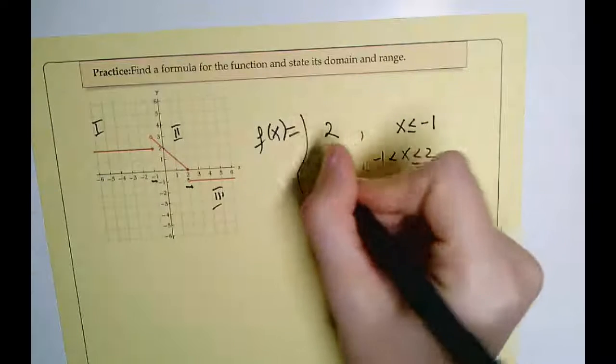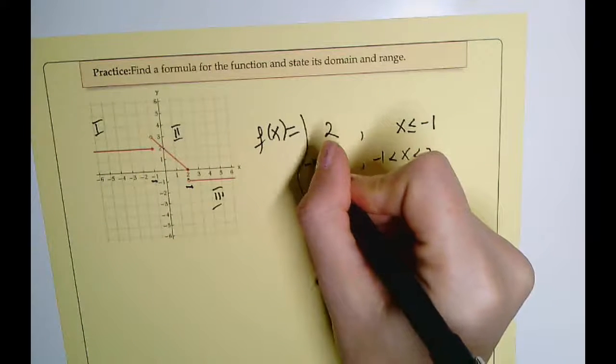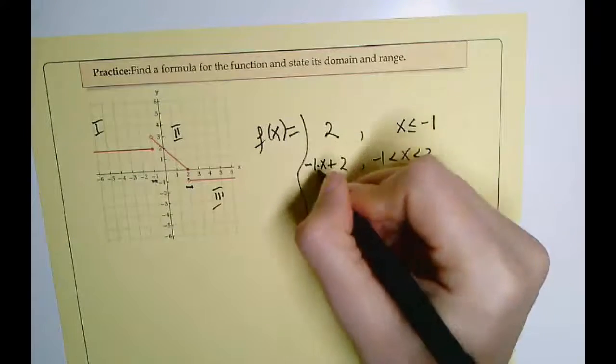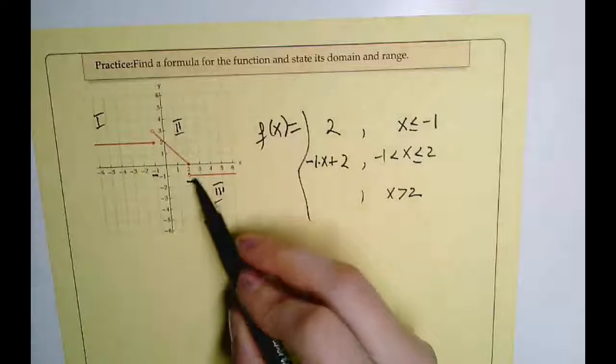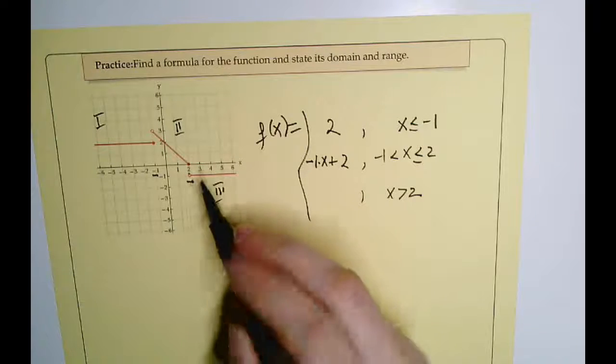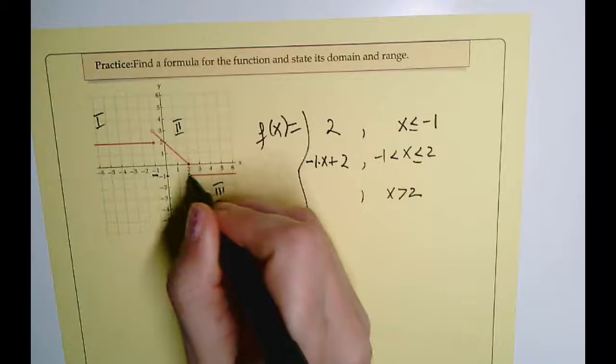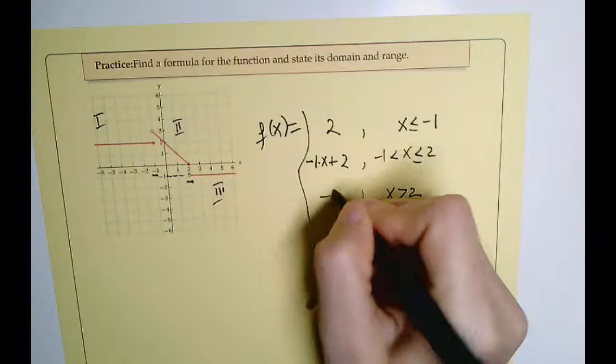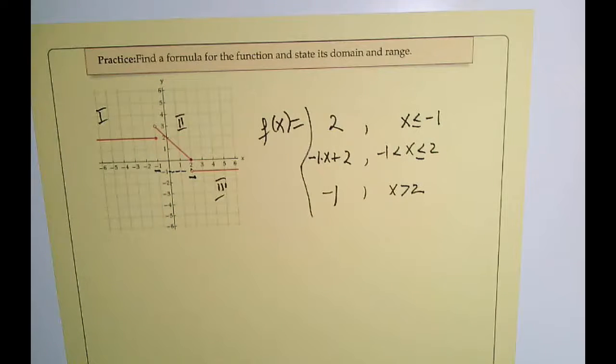So it will be mx, so the slope is -1, -1x plus the intercept is 2. So -x plus 2. And then the third piece is a horizontal line at -1, right? This will be at -1 if it continued. So -1.